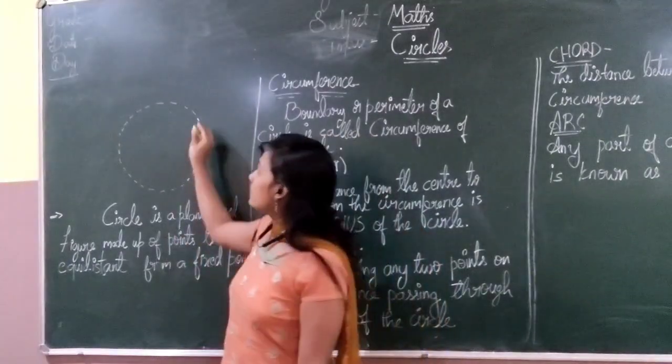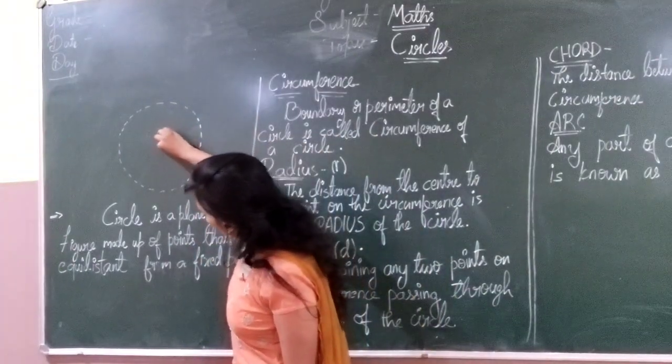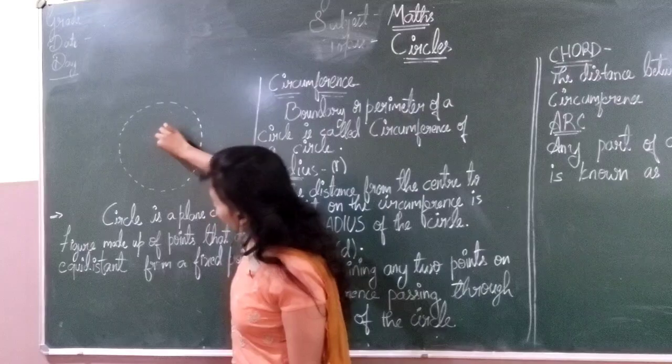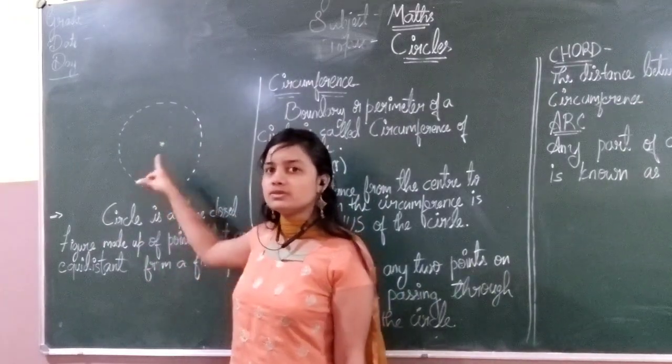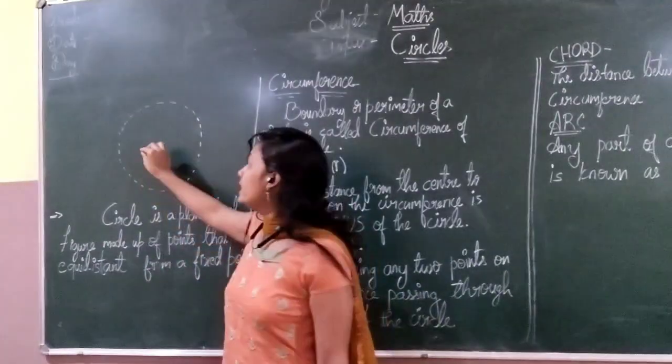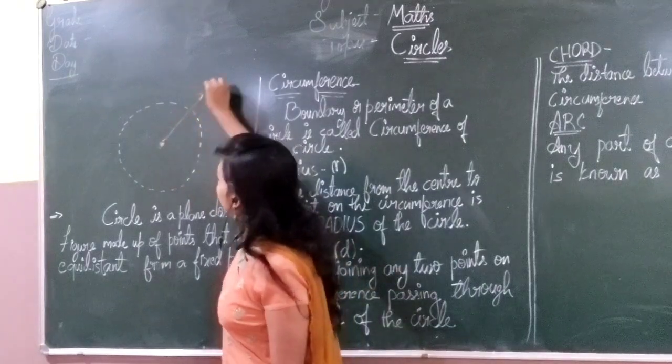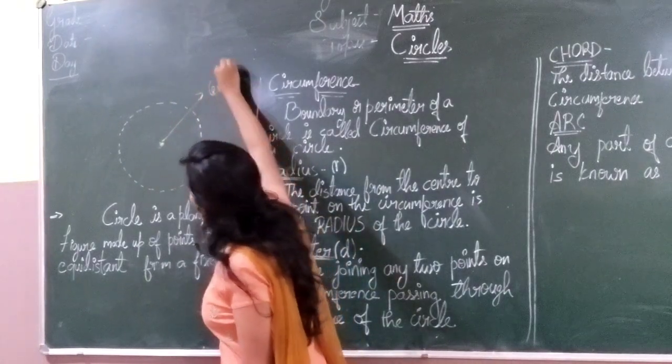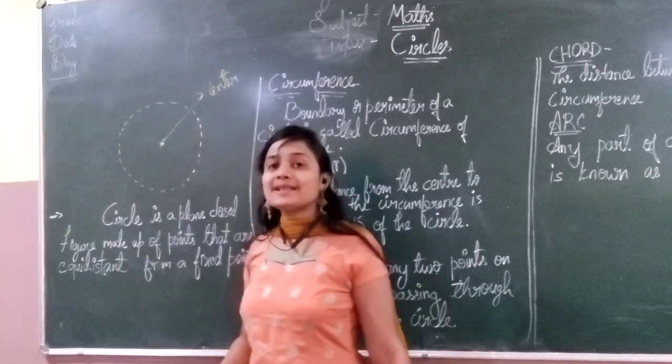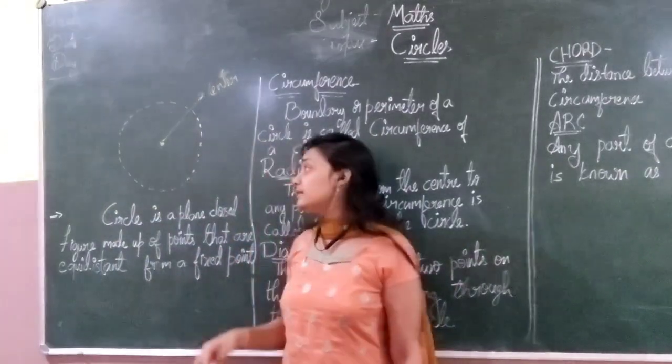That is, all these points, you know there is a center. In the center of the circle, I draw a point and this is the center, or you also call it the center of the circle.